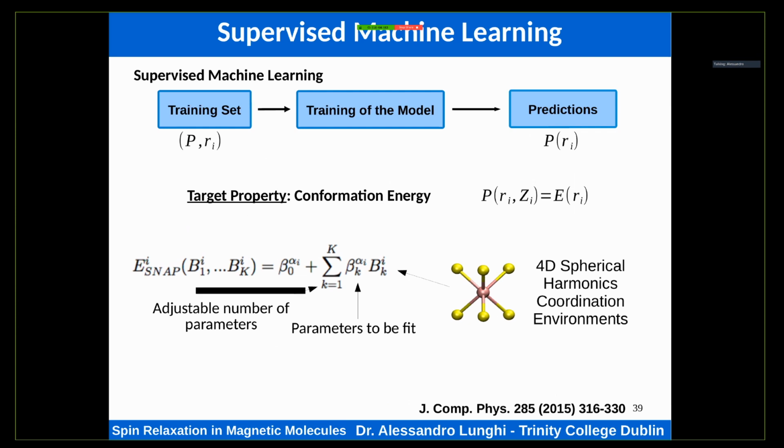In my experience, an optimal number for practical purposes is a k of 8, which corresponds to 56 parameters for this specific model per chemical species. So you count the number of chemical species you have in the system, multiply it by 56, and you get the total number of parameters in your system.